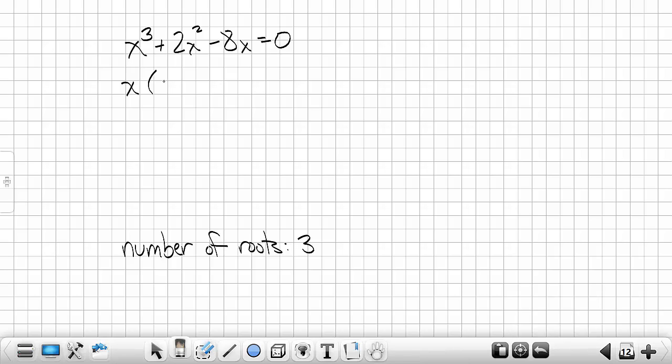X squared. Sarah, go on. Plus? No, remember when you're factoring, you're dividing it out.